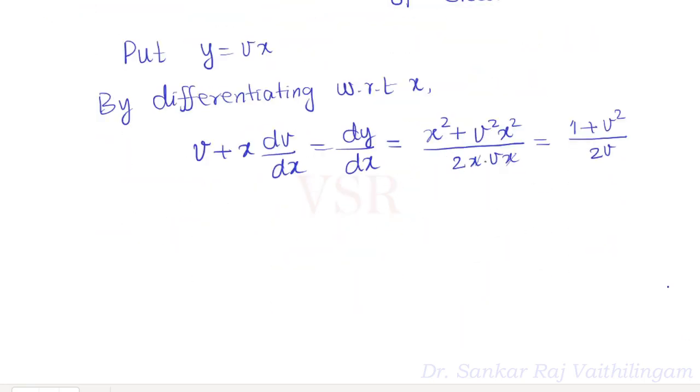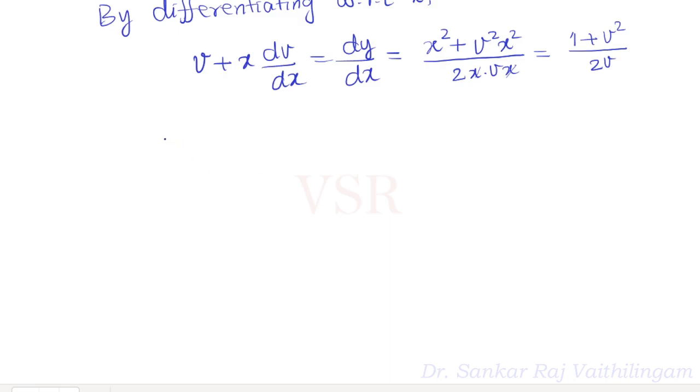So this implies, we need to be very slow here, x into dv by dx is equal to 1 plus v square divided by 2v minus v.